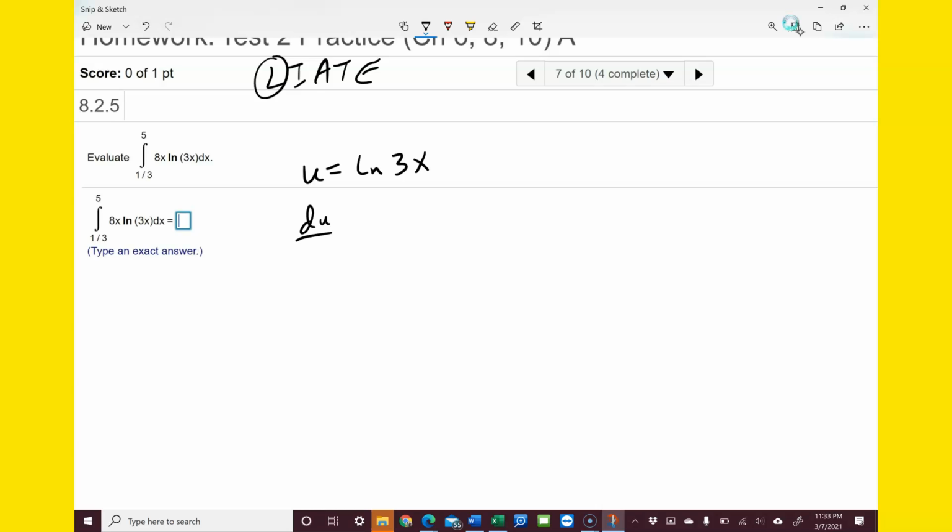It means du/dx is 1 over 3x times 3, which is just 1 over x.